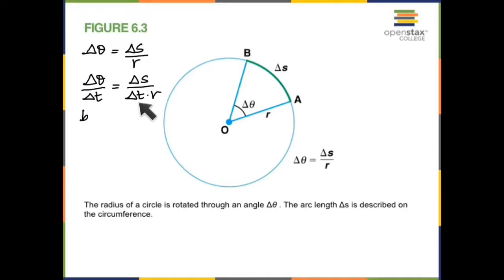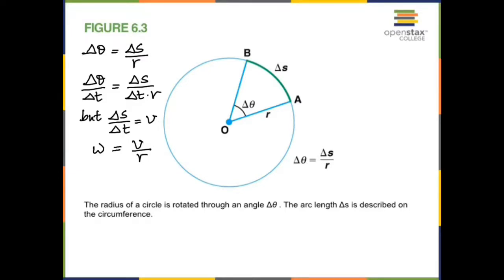And then automatically this becomes angular velocity, omega, while this delta S by delta t is linear velocity. So we get omega is V by R. So that's the relation between angular velocity and linear velocity.